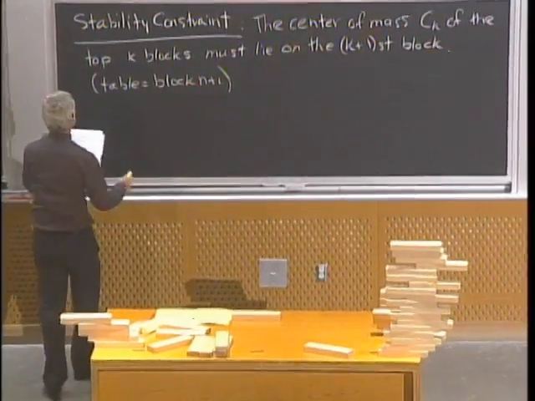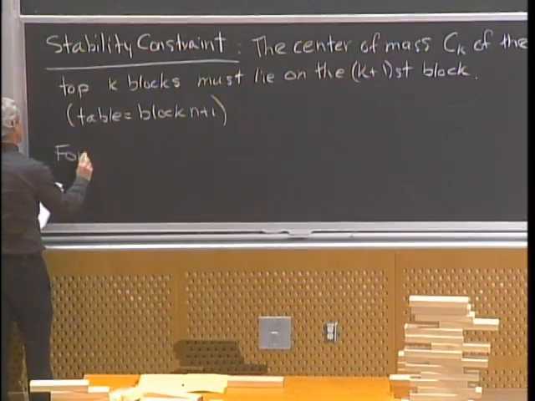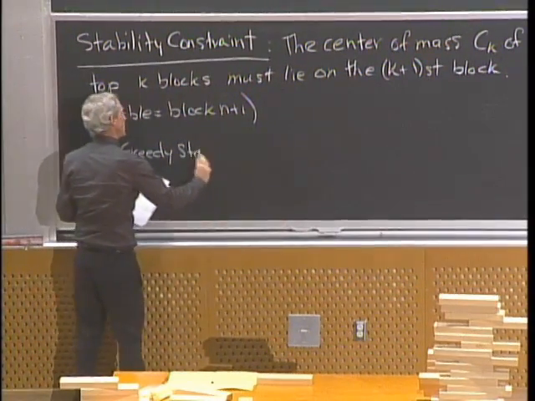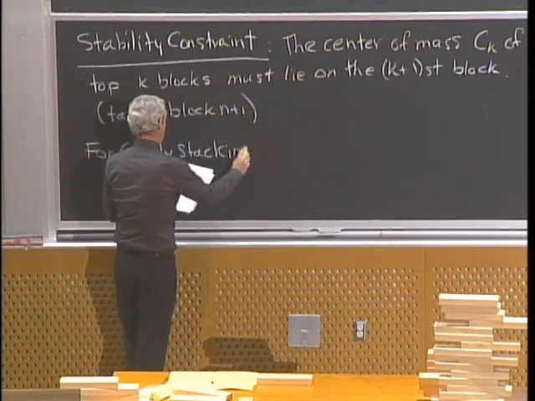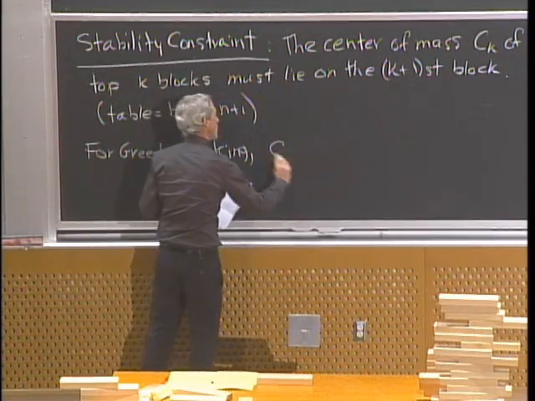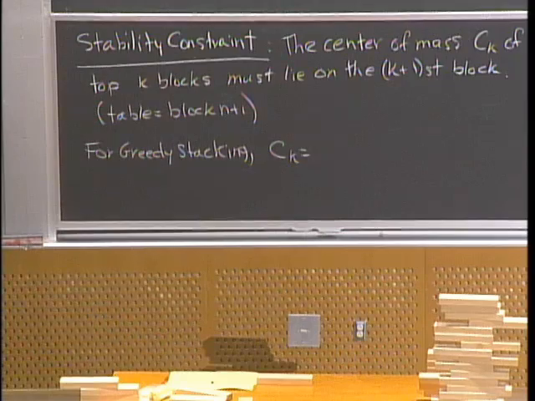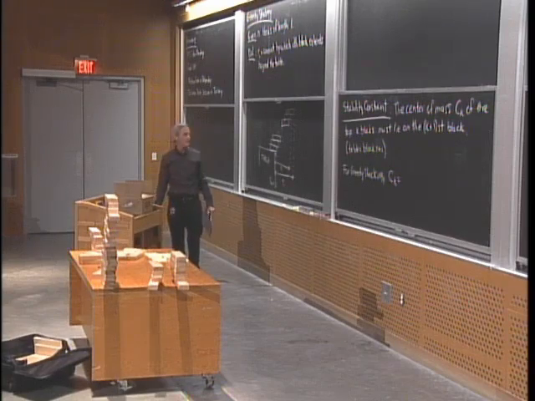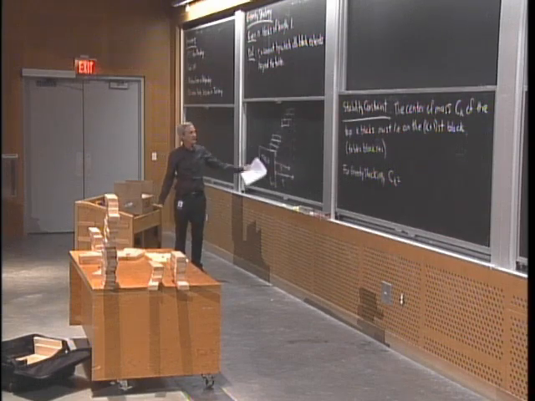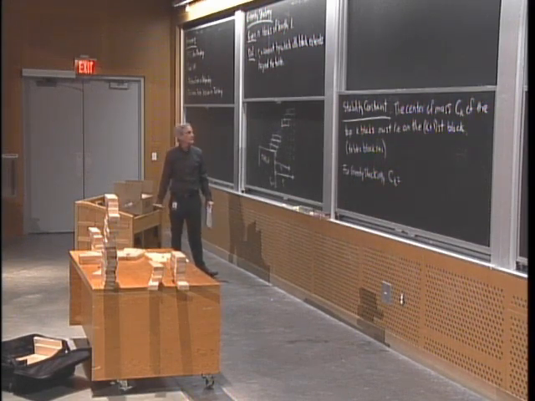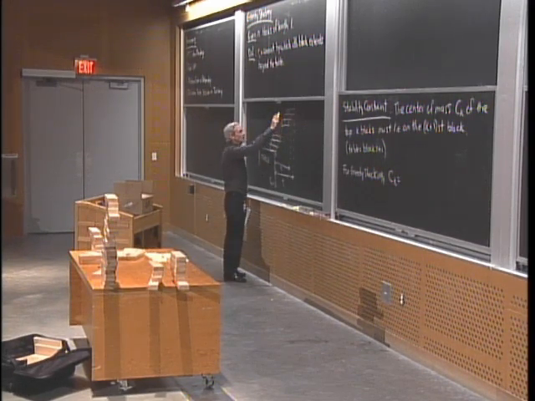Now, for the greedy stacking, where is the center of mass of the top K blocks in the greedy stacking, the way we defined it? In terms of these variables, what is CK? All right, so I've got the top K blocks.